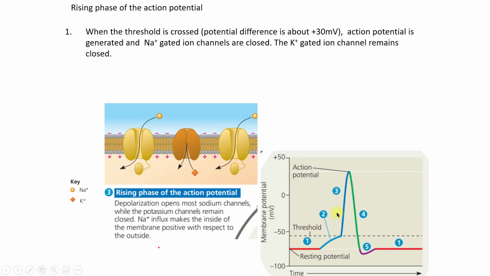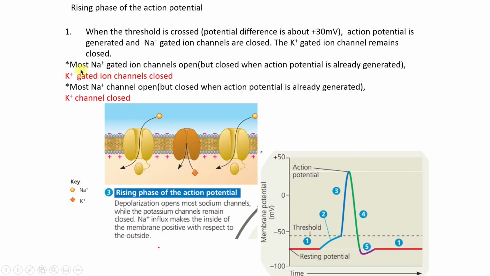When the threshold from the second stage is crossed, and the potential difference is about positive 30 millivolts, an action potential will be generated, and sodium ion gated ion channels will be closed. The potassium ion gated ion channel remains closed.